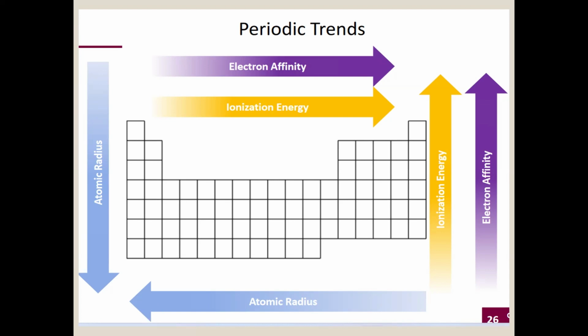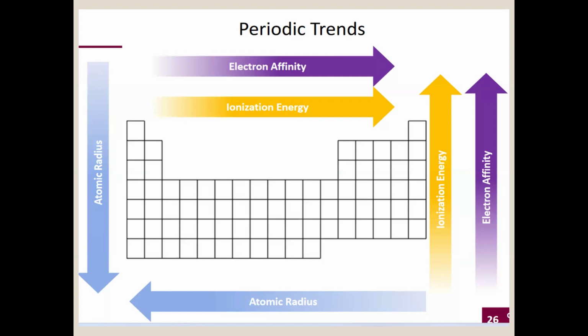Again, as atomic radius increases, there is less attraction force, which means it's easy for the atom to lose an electron, and there is less affinity to gain an electron.